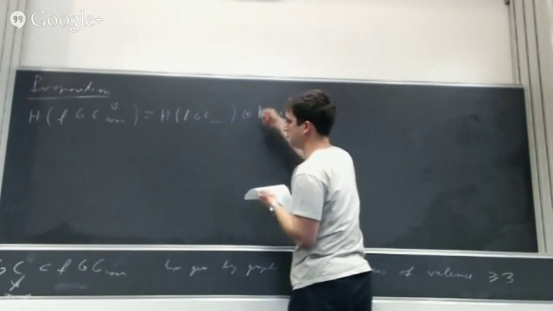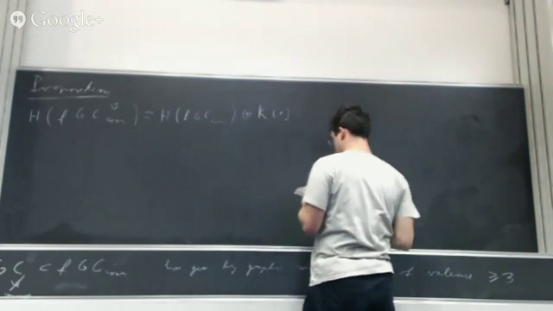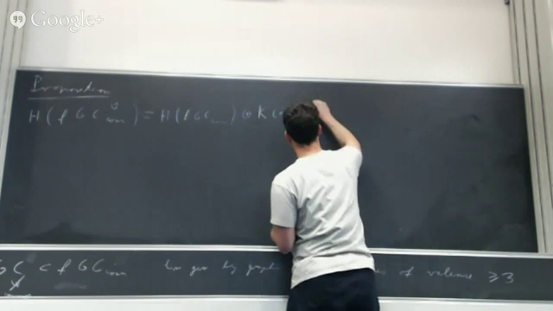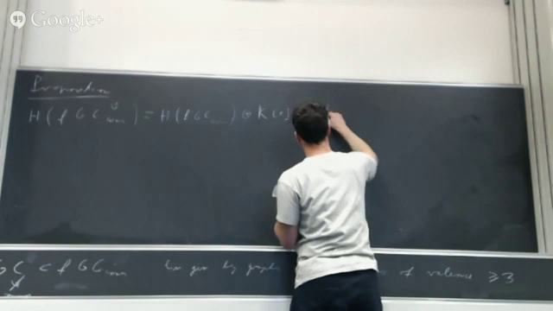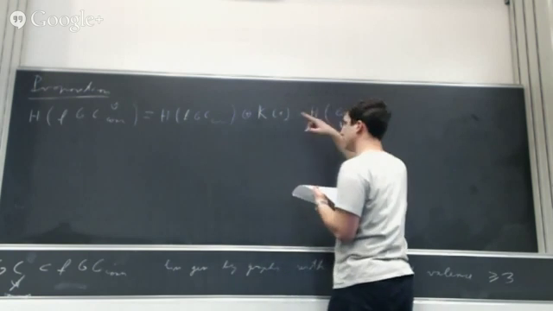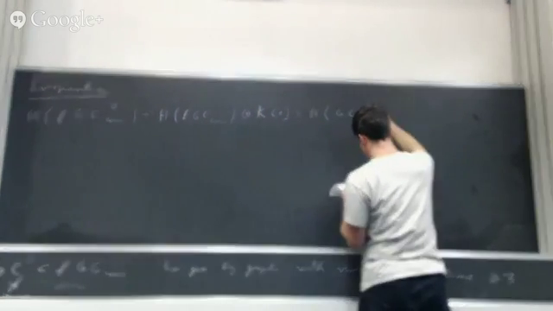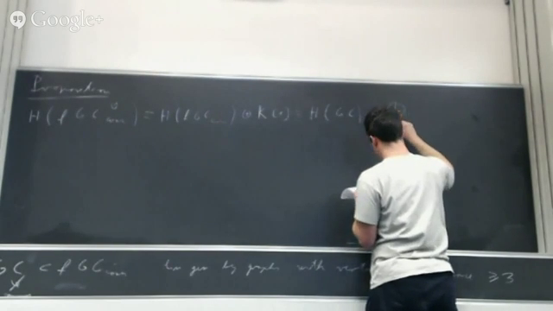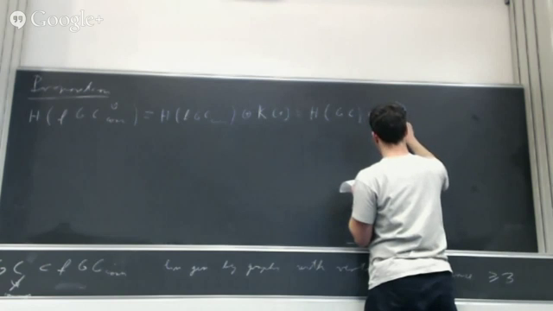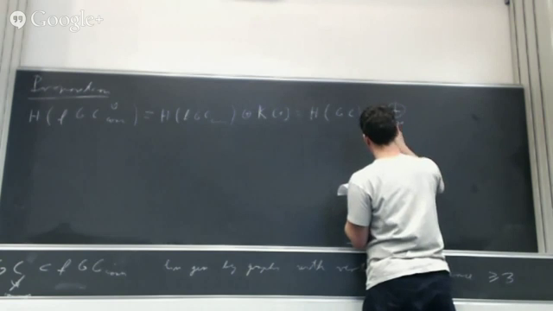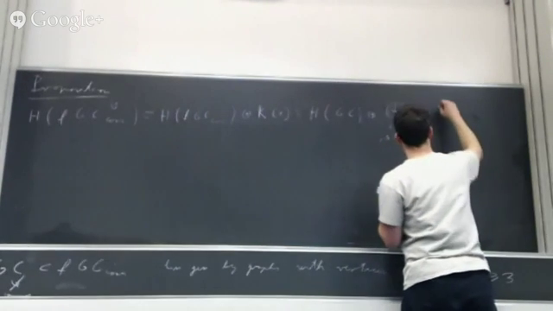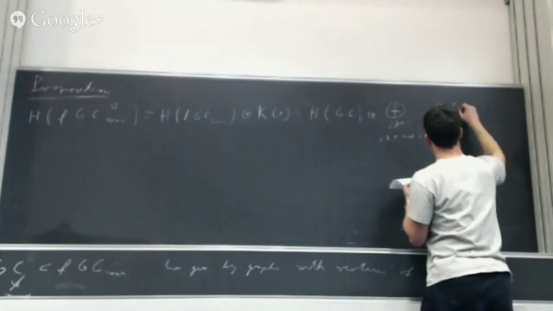K is a base field. This equals the homology of GC plus the big sum over k greater than or equal to 1, k congruent to 1 mod 4, of K in degree 2 minus k.